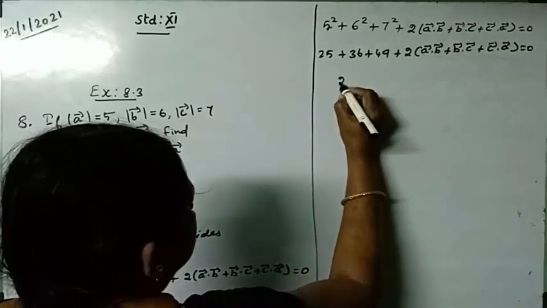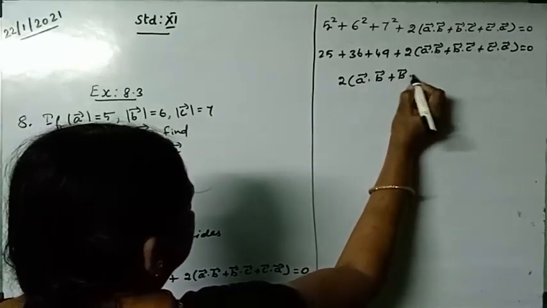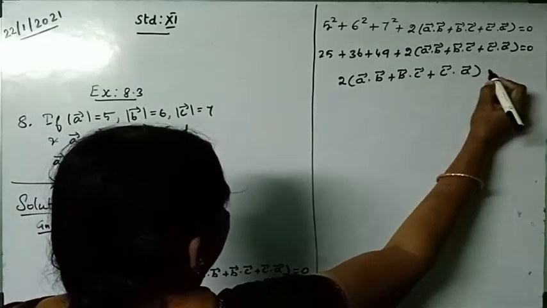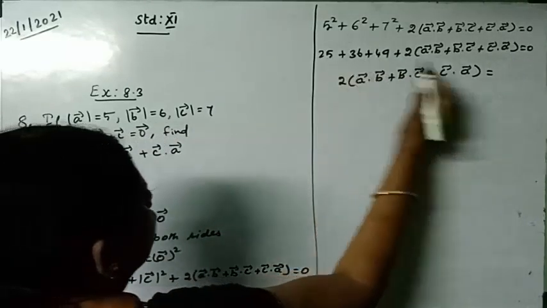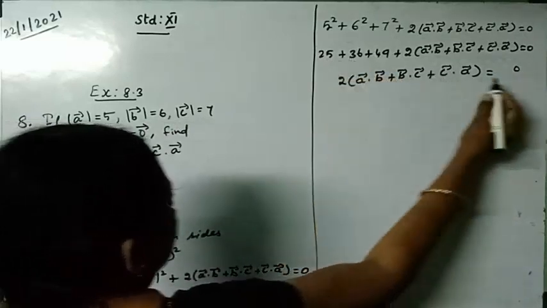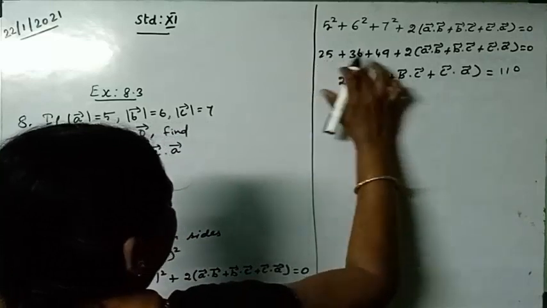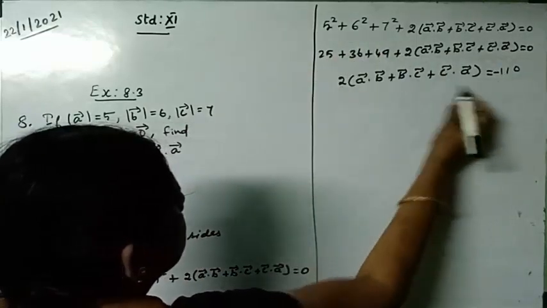So therefore 2 into (A dot B plus B dot C plus C dot A) is equal to 110, with the sign changed because it moves to the other side: plus on this side becomes minus on that side. Now bring this to this side.